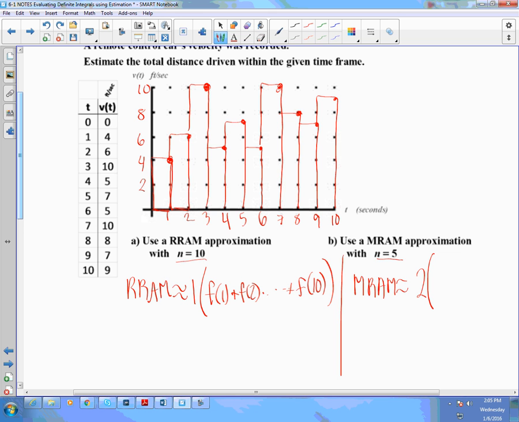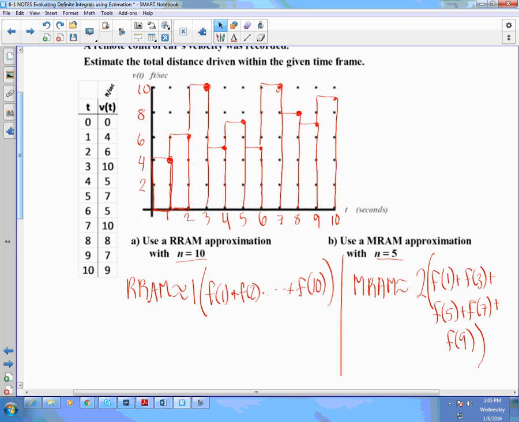Okay, what's the midpoint of the first rectangle? f of 1, plus, what's the midpoint of the next one? f of 3 plus f of 5. So all the odds, right? f of 7 plus the last one is f of 9. And their heights will be obvious from the table.